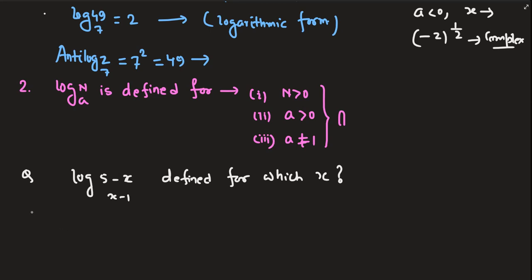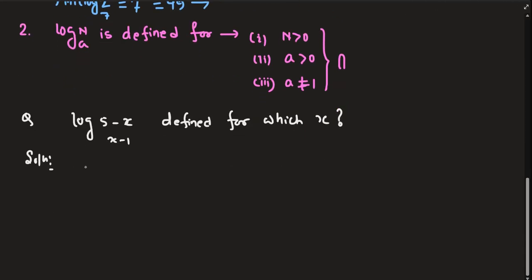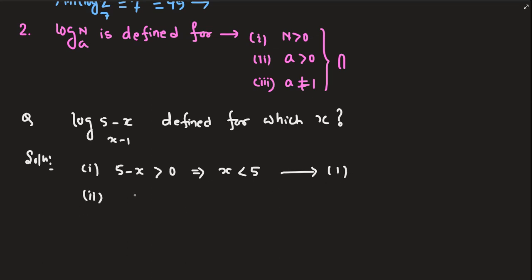First of all, this log is defined when criteria number 1 holds: 5 minus x greater than 0. That means 5 greater than x, or x is less than 5. This is equation 1. Second condition, the base should be greater than 0, so we have x greater than 1. Now when we take the intersection of these two, we notice that x is less than 5 and greater than 1.